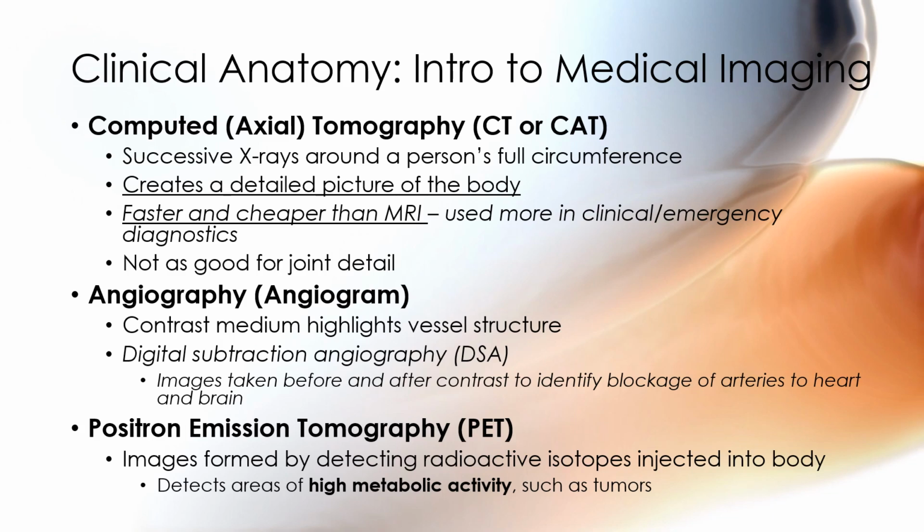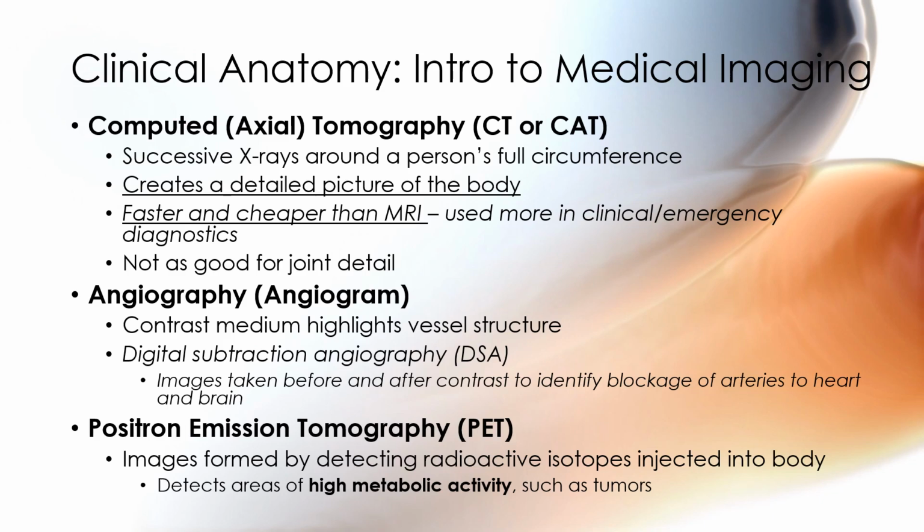So you inject a radioactive isotope into the body, and where that high metabolic activity is happening, it's going to uptake that radioactive isotope. Then the imaging picks up on that isotope, and it's going to glow, or show that area, such as a tumor.